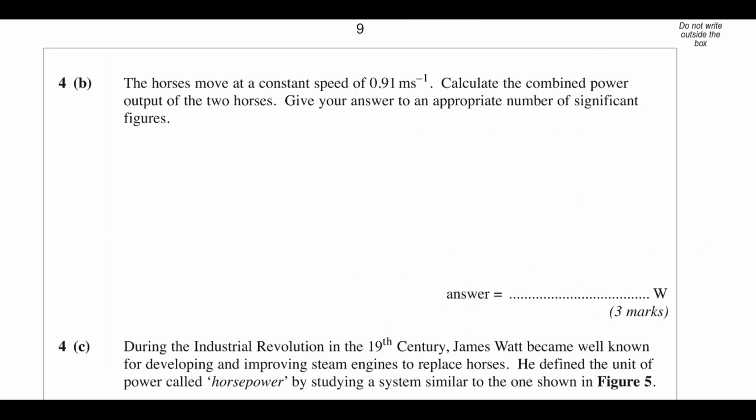Okay, so the horses move at a constant speed of 0.91. Calculate the combined power output of the two horses. So to get the power, we're going to do power is force times by the velocity. So it's going to be 2 times 810 times by 0.91.